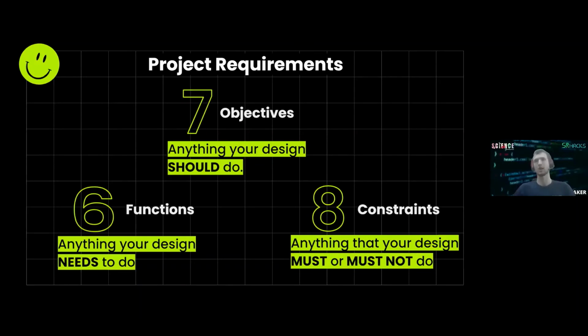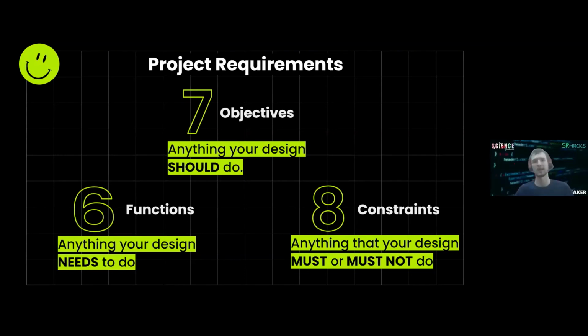Objectives are what the design should do. So maybe there's a type of car that you could build that's really lightweight, with low cost. Cost is generally an objective. If something is low weight, it should be as low weight as possible, but maybe you have compromises that make it higher weight than it otherwise needs to be.